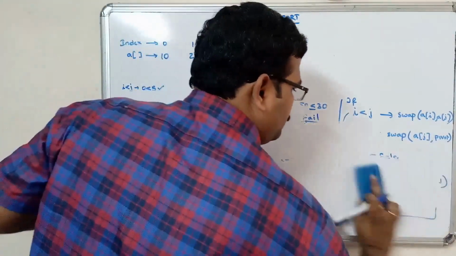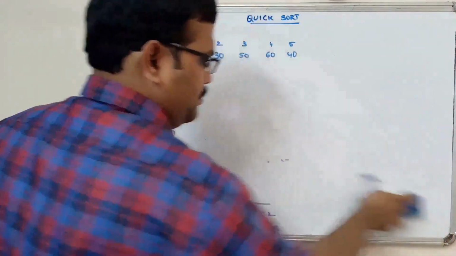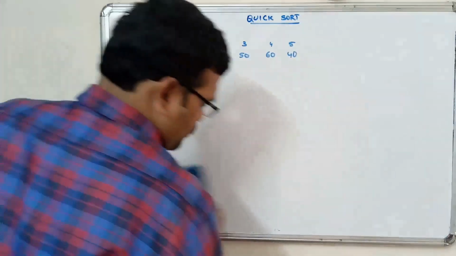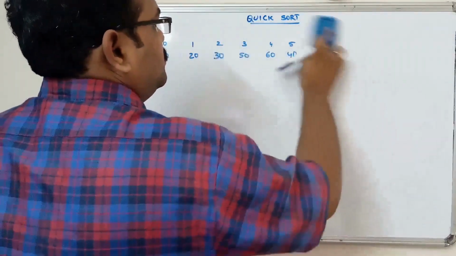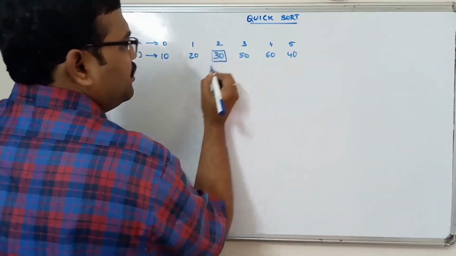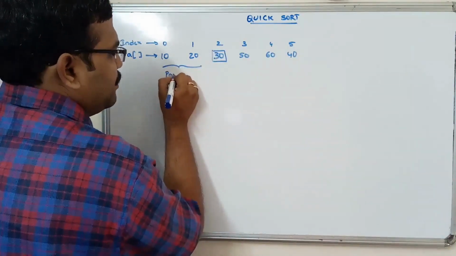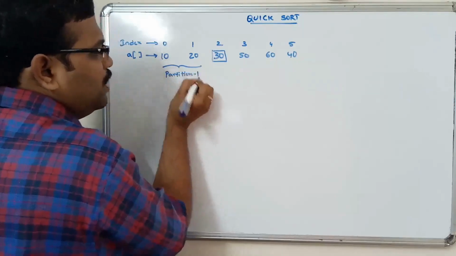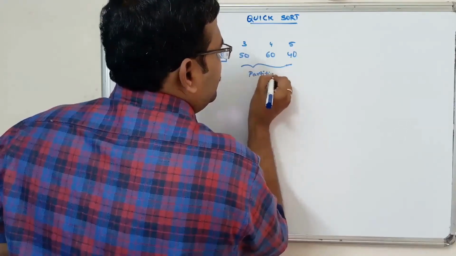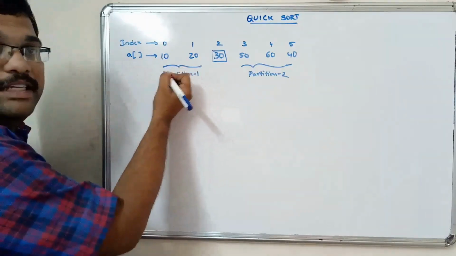Now this is the pivot element, fixed. This will be partition 1 and this will be partition 2, right?